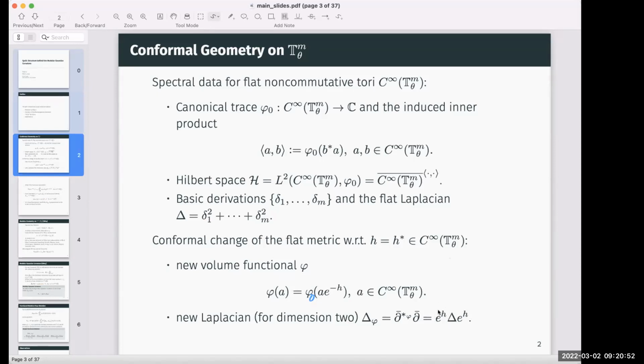These operators represent the Riemannian metric, and then the question is how to extrapolate local invariants, in particular the notion of curvature, out of this metric.